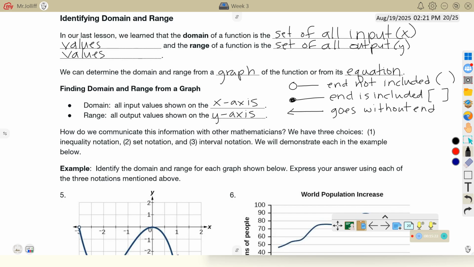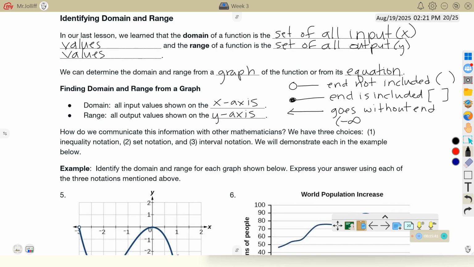In cases where we're going without end, the line keeps going and going forever and ever, we use round brackets and the infinity symbol. If it's going to the left, that would be negative infinity as your lower bound.